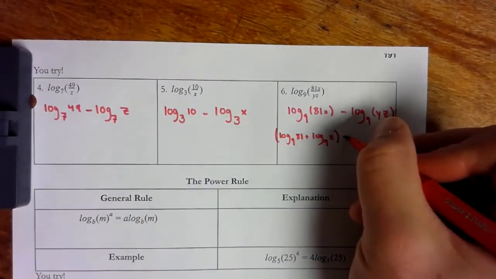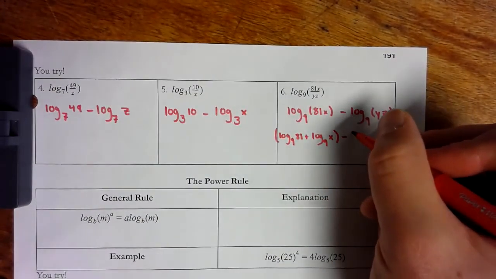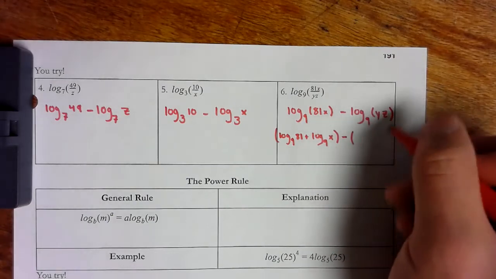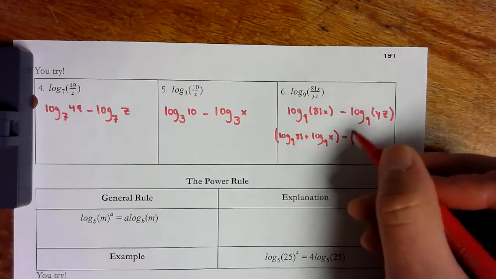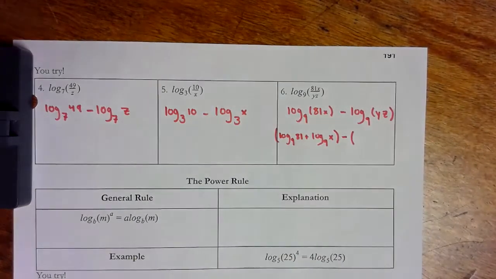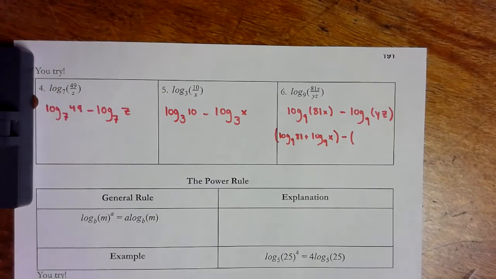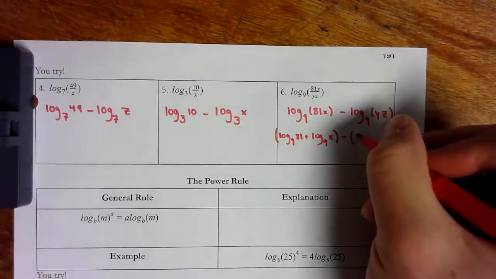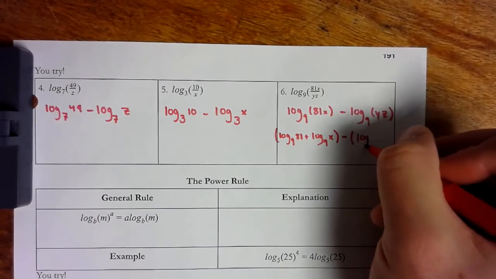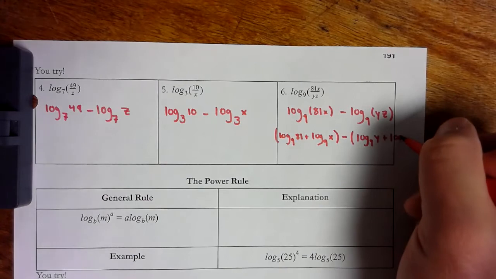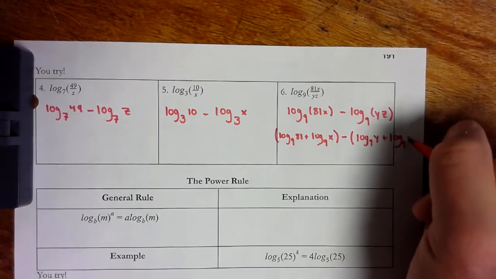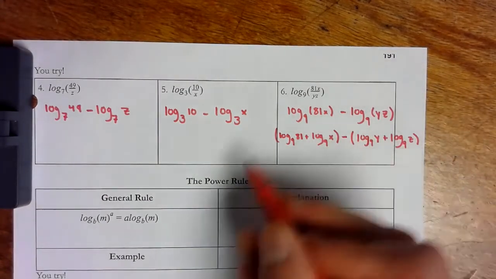So then when I split up the next ones and I subtract what's being multiplied, y times z, that negative, if we were to distribute it out, would make sure that everything is getting subtracted correctly. So parentheses are really important when we're doing more than one property. So this is log base 9 of y plus log base 9 of z. And this is where they start to get complicating, right?